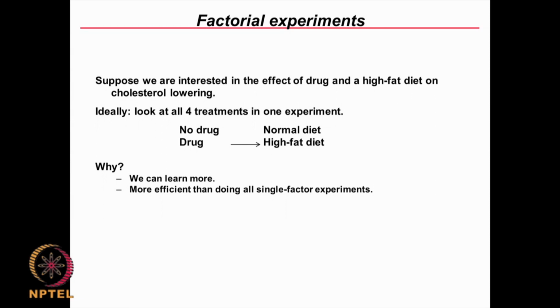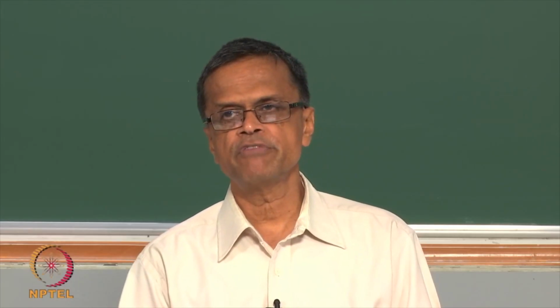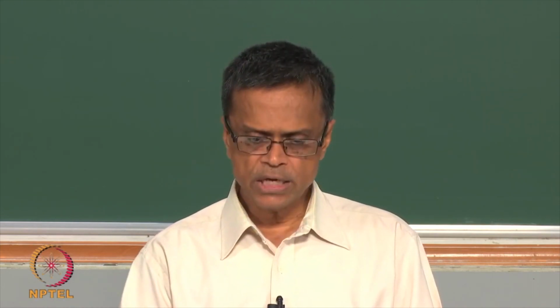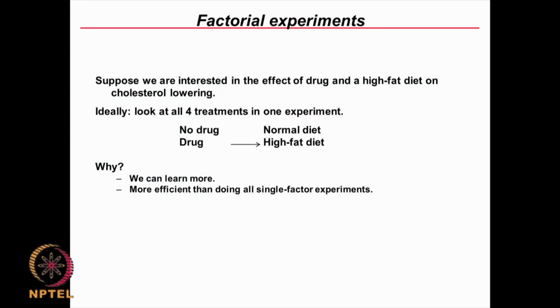By doing this we can learn more. We can look at the effect of the diet, we can look at the effect of the drug, each one being a single factor, and we can even look at the effect of drug and diet combined together also. So, that is the advantage. This is called a factorial experiment.